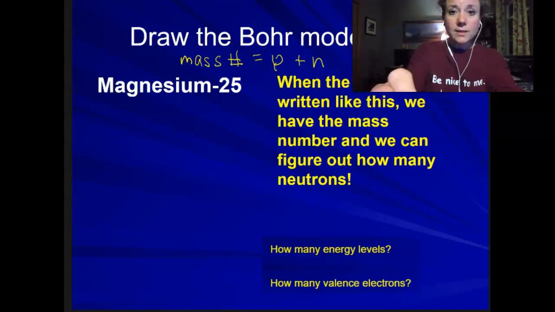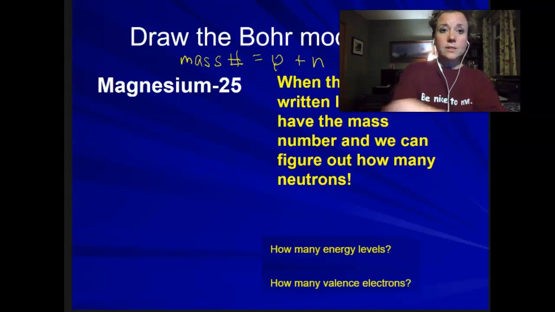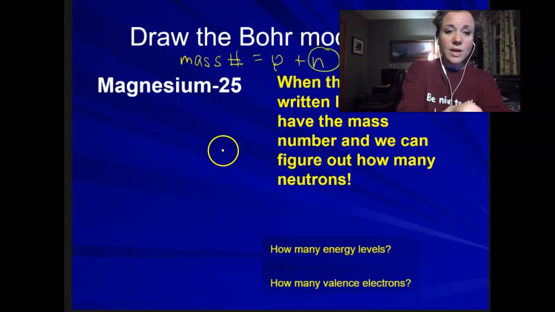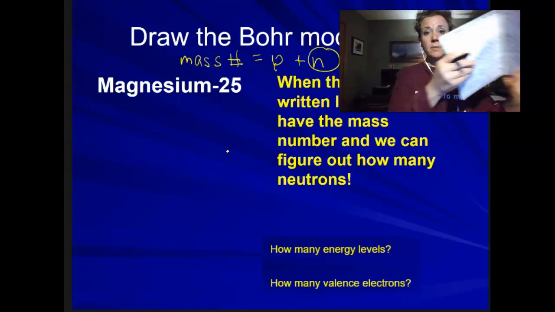So when the element is written like this, we have the mass number. I've given it to you, and you can now figure out how many neutrons there are in the nucleus of that atom. So the mass number is 25, and to figure out how many neutrons I have, I just have to subtract my atomic number. Well, how do I find the atomic number for magnesium?